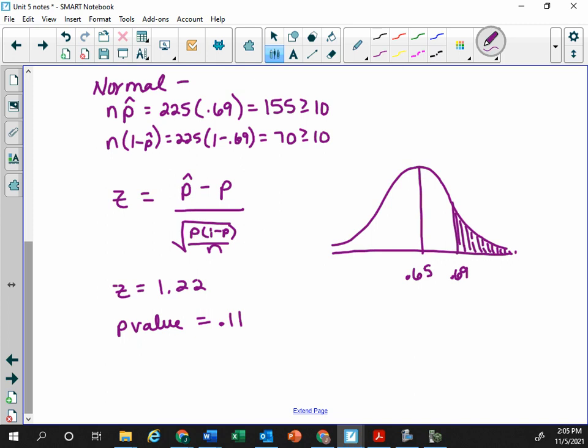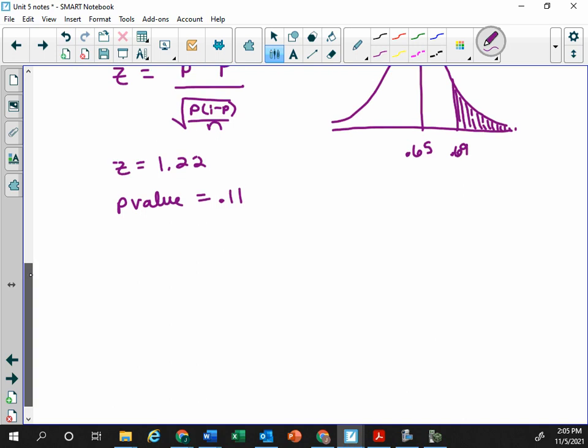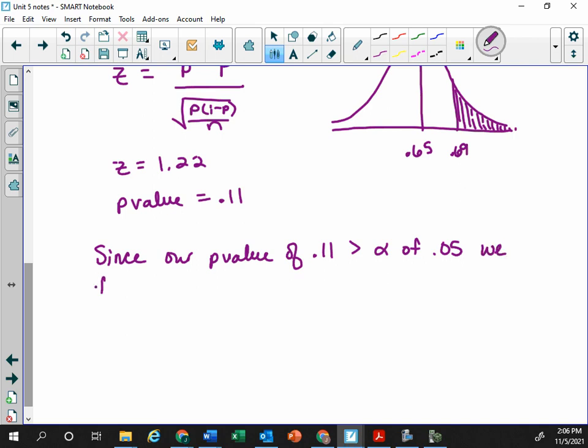All right, we can now state our conclusion. So, since our p-value of 0.11 is that greater than or less than our alpha? Greater than. It's greater than alpha of 0.05. What do we do? Do we reject or fail to reject? Yeah, we fail to reject the null.